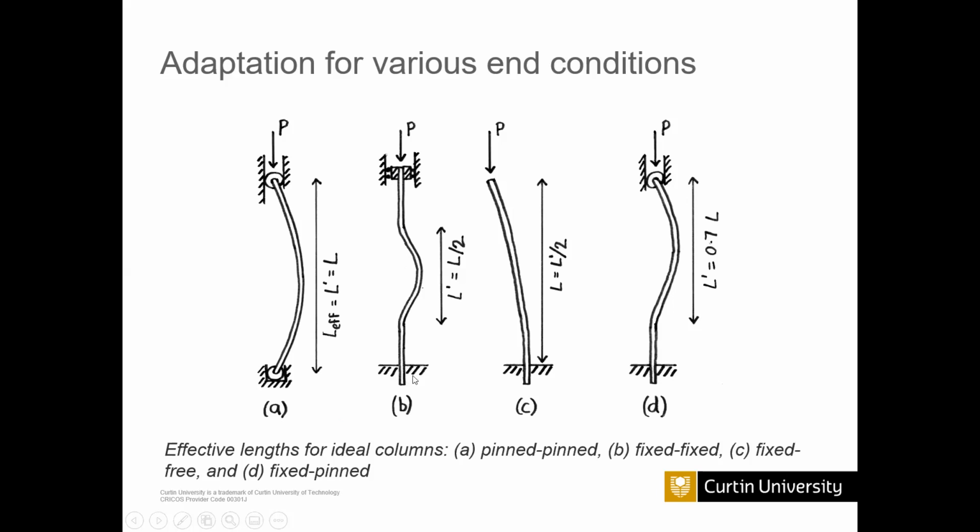This is completely fixed, so this column end cannot move, 0 degree of freedom. Otherwise, how could we apply the axial load? If this end and this end were totally fixed, even though we apply the P load, the axial compressive load, it would not transfer to the column.